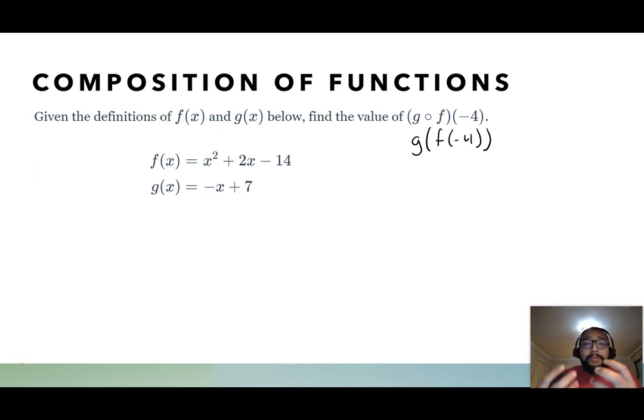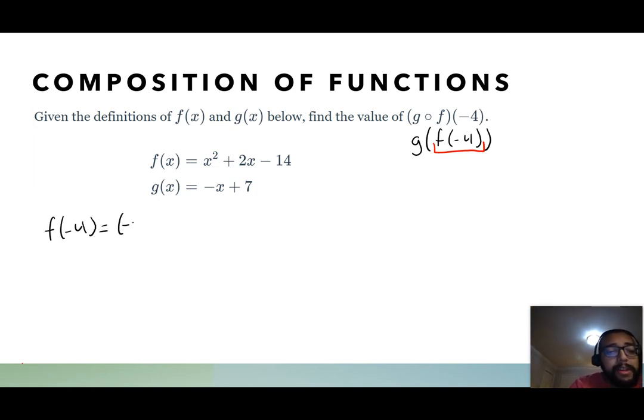We're taking a number, finding the output, and then plugging that into our other equation to find that new output. So we always start on the inside. So f of -4. F of -4 isn't too bad. Plug in -4 every time you see an x in your f of x equation.